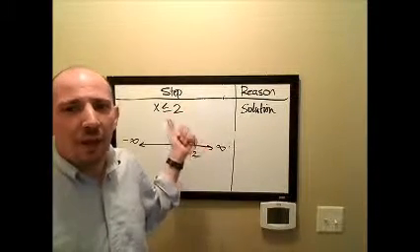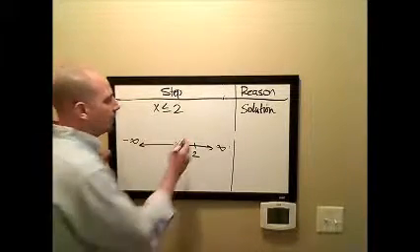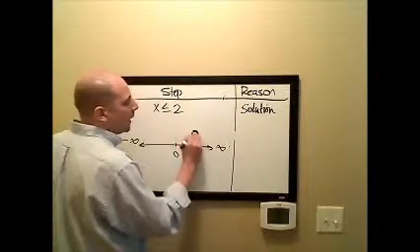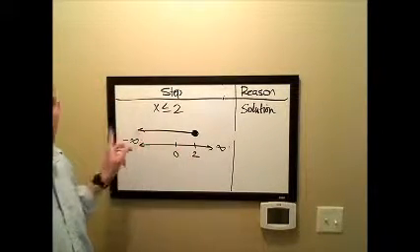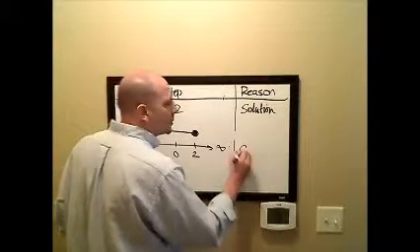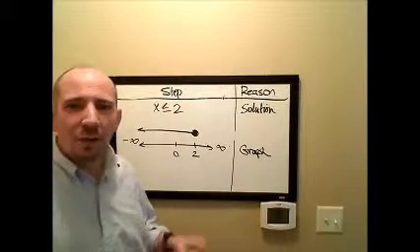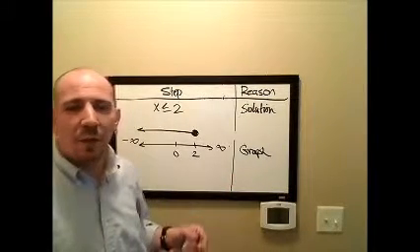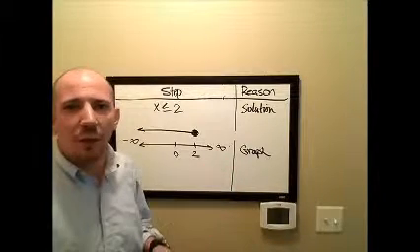Now, it also includes 2 in the solution, so I'm going to put a solid dot on it. And then I'm going to draw the arrow to the left because all the solutions that are less than 2 will work for the original equation. Okay, so that's the solution in number 7. I'll come back in a second with the video for the reason why you flip the sign of the inequality when you multiply or divide by a negative number.